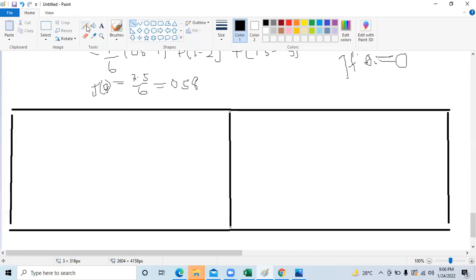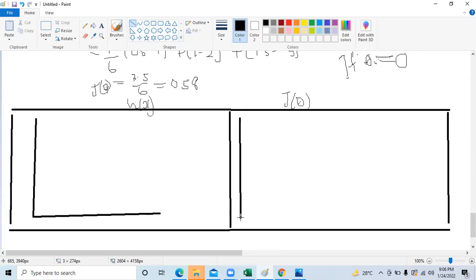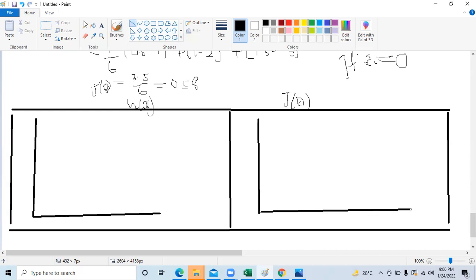So here we have our h of x. Right, and here we have our cost function against theta. All right, so here we have our y, and then we have our h of x.